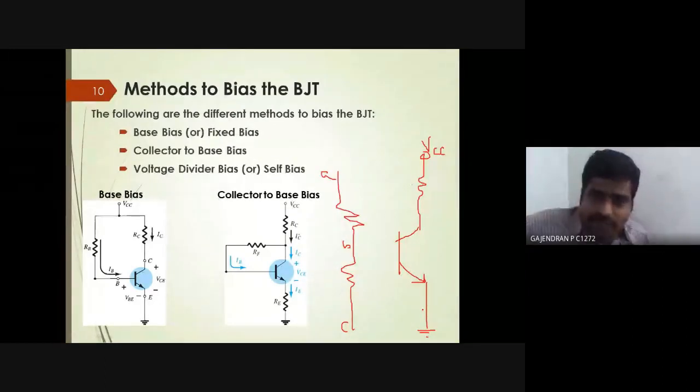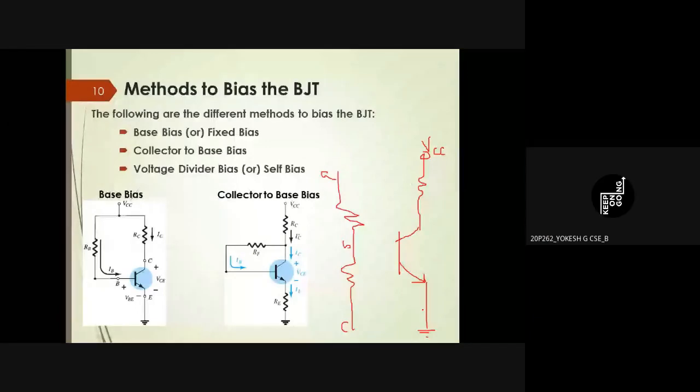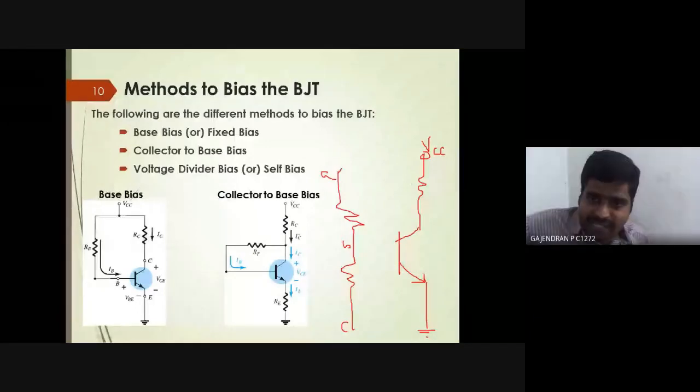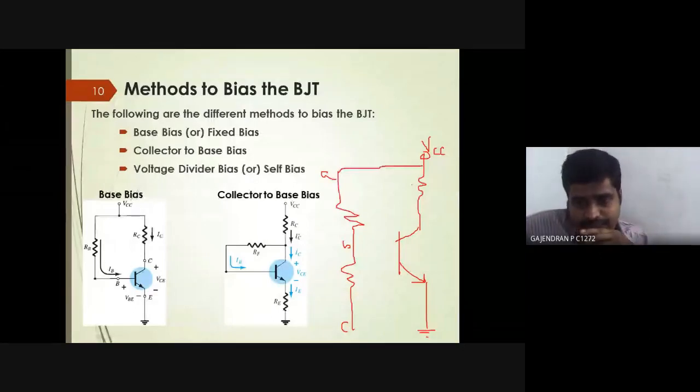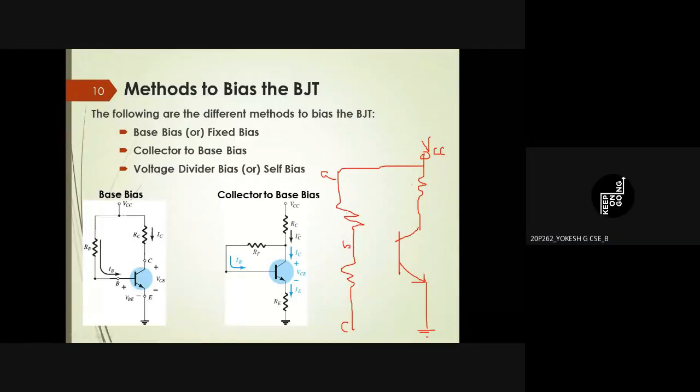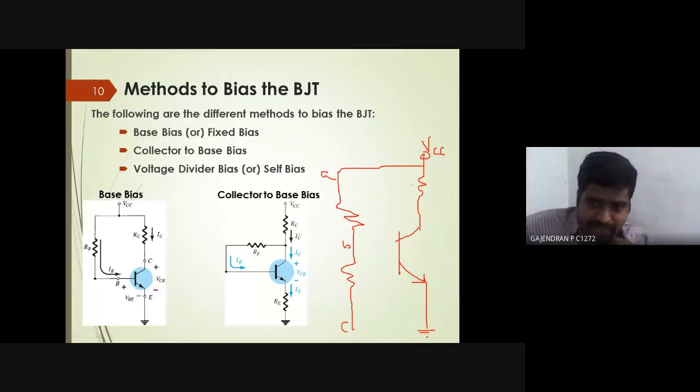Yes, A to VCC. Okay. Then B, where will you connect B? Base. Very good. Where can I connect the other end of the biasing voltage divider circuit?